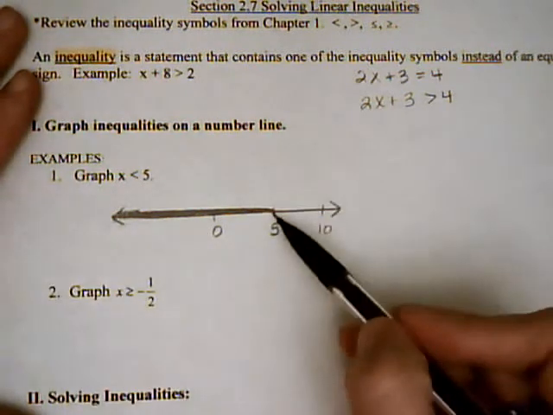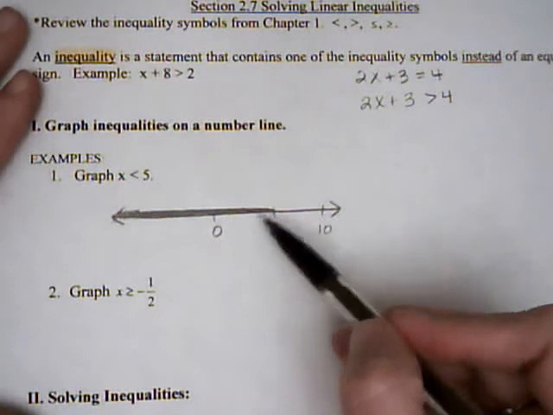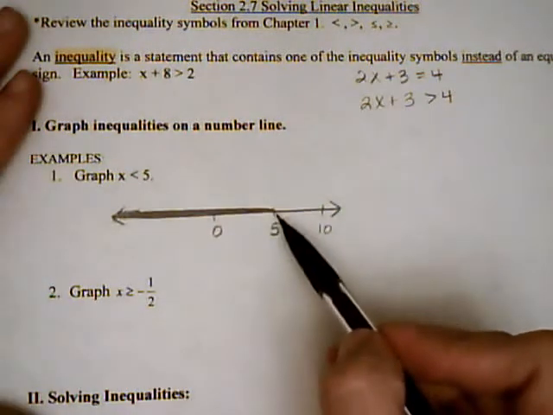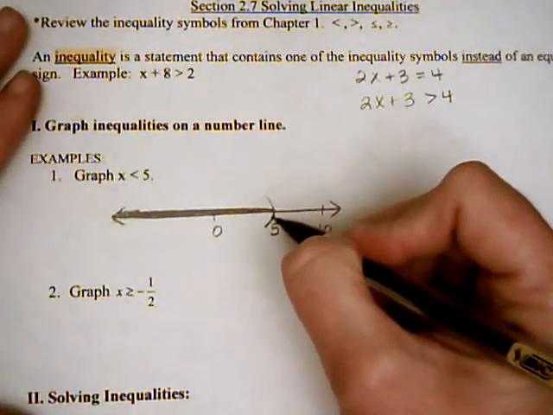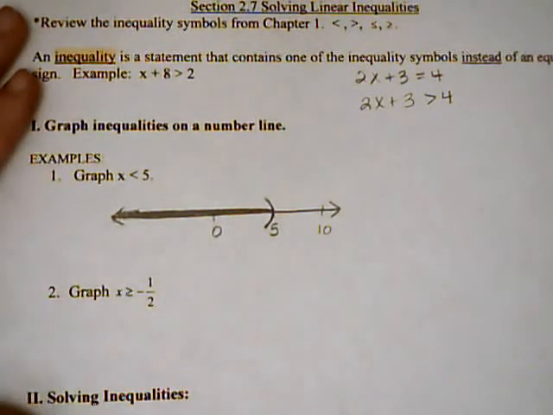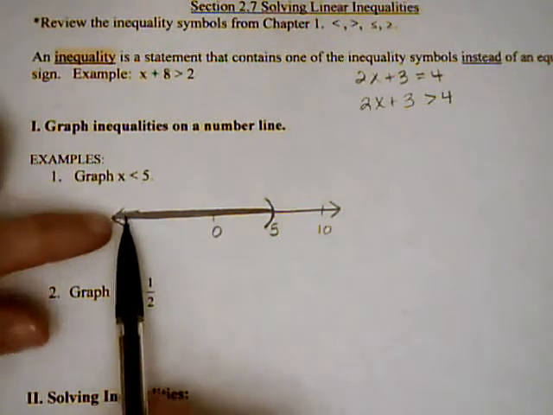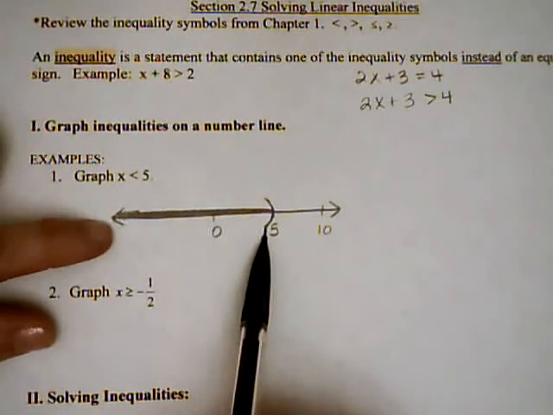Then we have to put a symbol at the 5 to show that x is only less than, but not including, the 5. So we use a parenthesis, and it's open to the direction that I've shaded. So when I look at this number line, I know this means my variable x is less than 5 but doesn't include the 5.